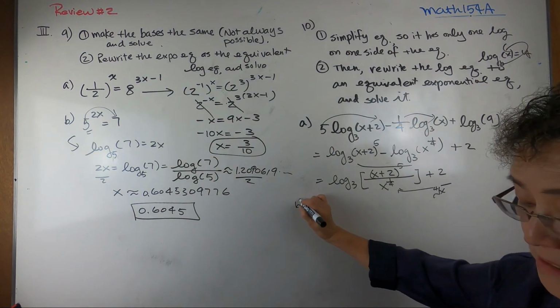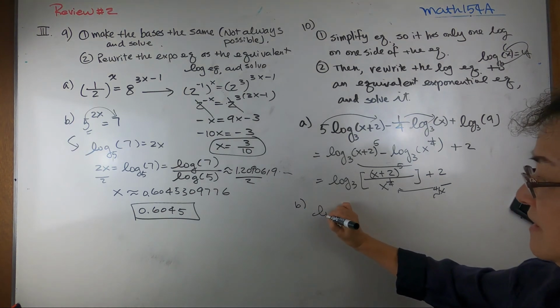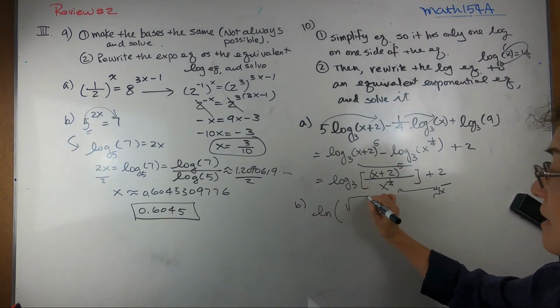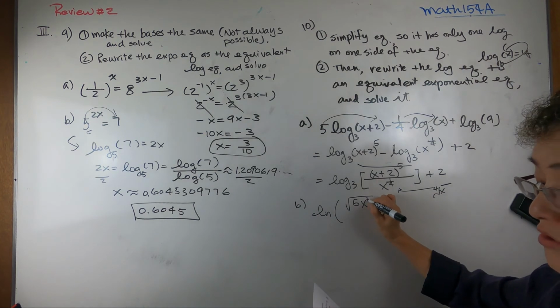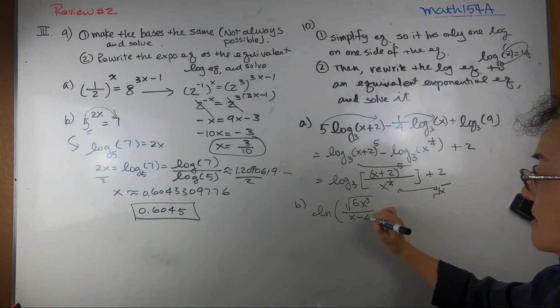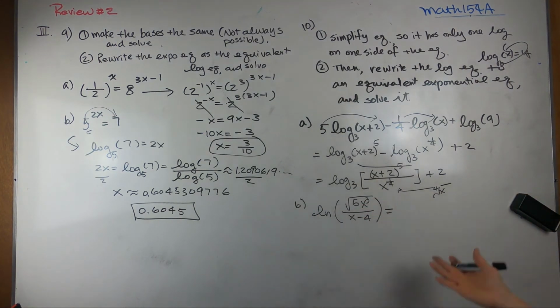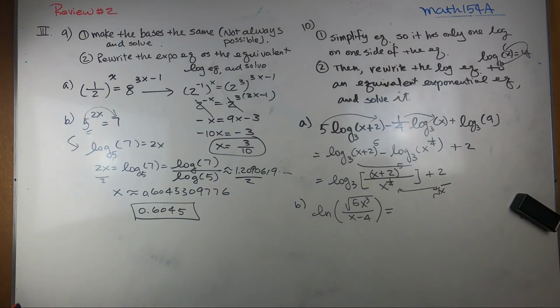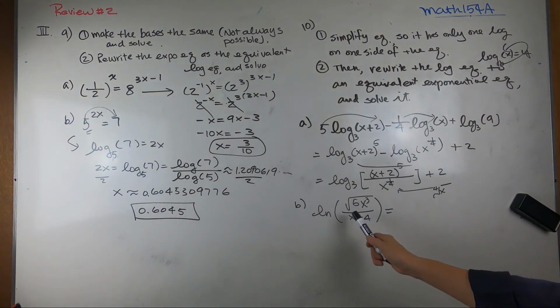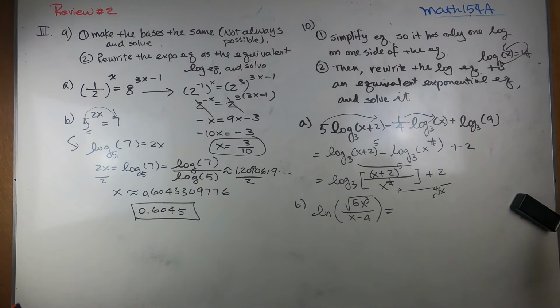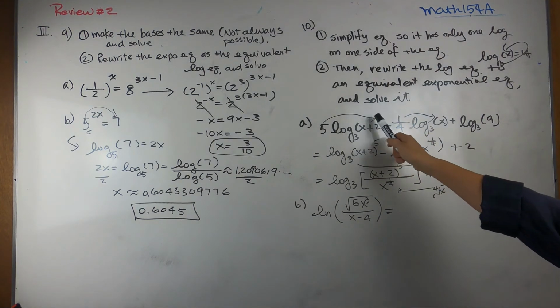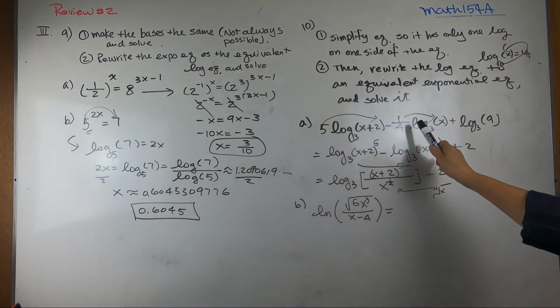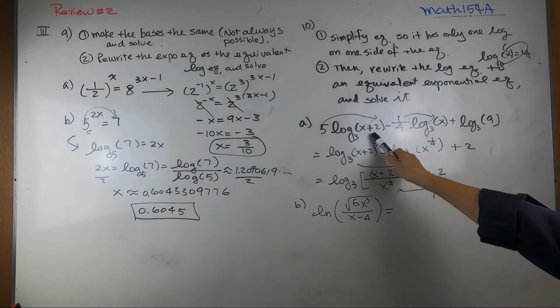Okay? Then next one, if I have a natural log, this one, the natural log of the square root of 5x cubed over (x-4). So we do the opposite. If you can do it this way, you should be able to do it the other way. So we need to write individual logs, where the inside of each log is as simple as possible, just like x or x plus 2.